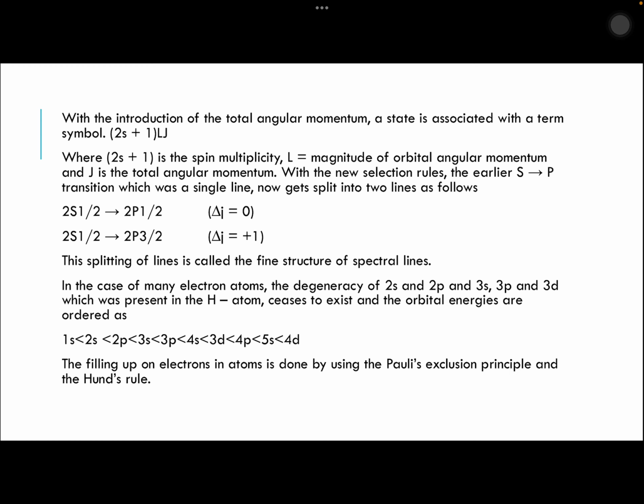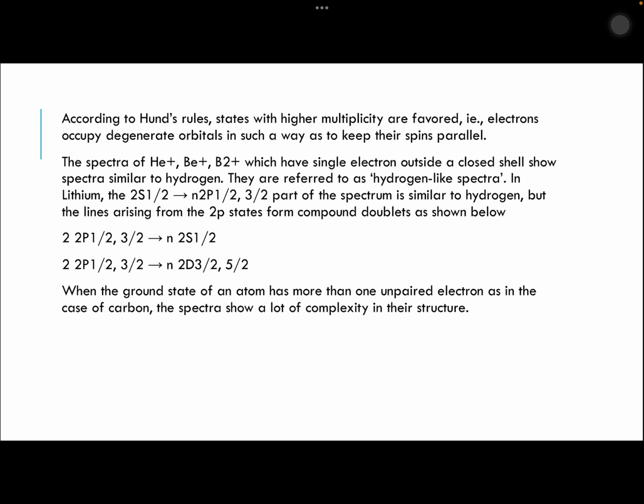The filling of electrons in an atom is done using the Pauli exclusion principle and Hund's rule. According to Hund's rule, states with higher multiplicity are favored. The spectra of He+, which has a single electron outside closed shells, show similar spectra to hydrogen. They are referred to as hydrogen-like spectra.